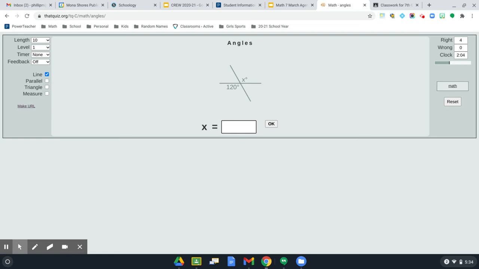So all of these angles are mixed in this review for your warm-up. What I see right here is vertical. Notice that these are directly across from each other, directly opposite of each other. This one in the bottom left corner is 120 degrees. If I know that these are vertical angles, this one up top in the right corner is also going to be 120 degrees because they are vertical.